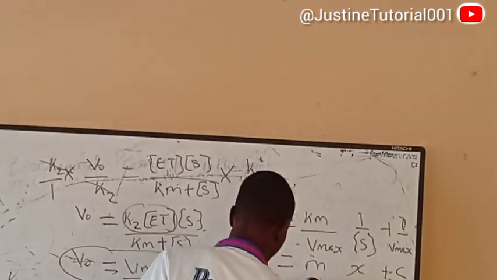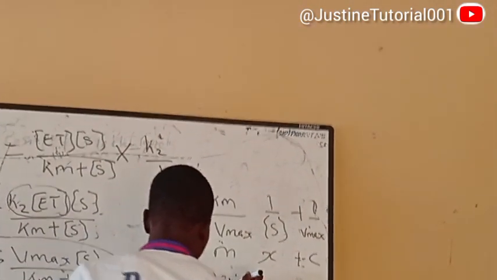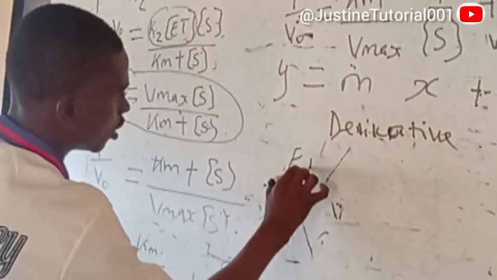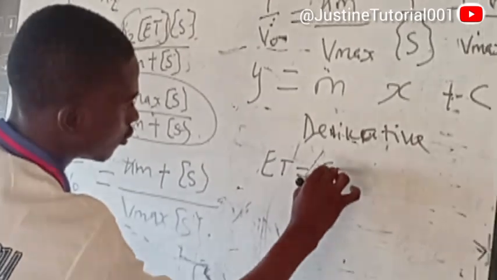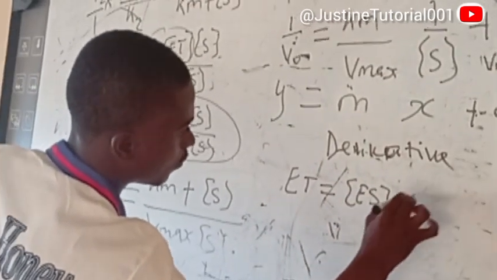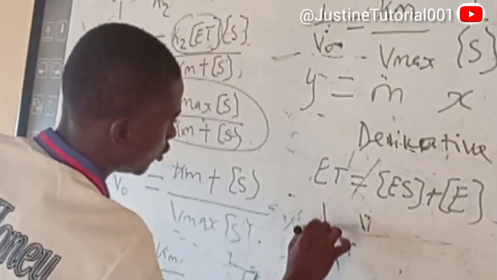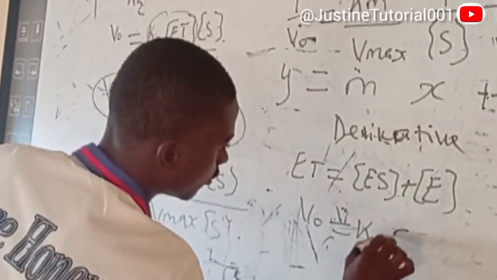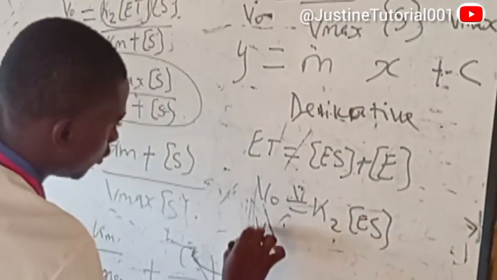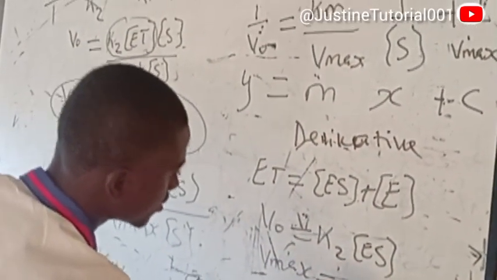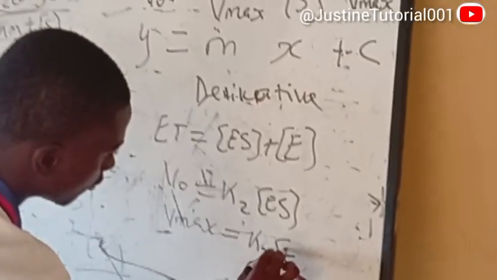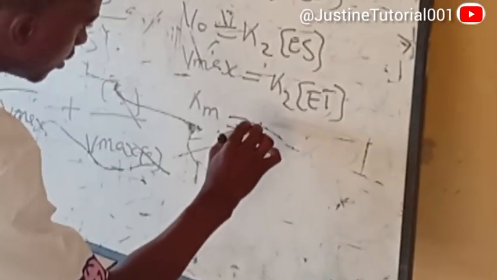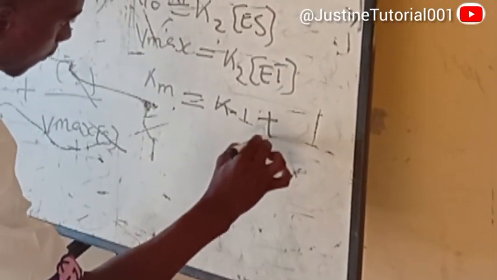These are the derivatives: E total, which is the total enzyme, your V naught, which is the initial velocity, your Vmax, which is the maximum velocity, and your Km, which is the Michaelis-Menten constant.